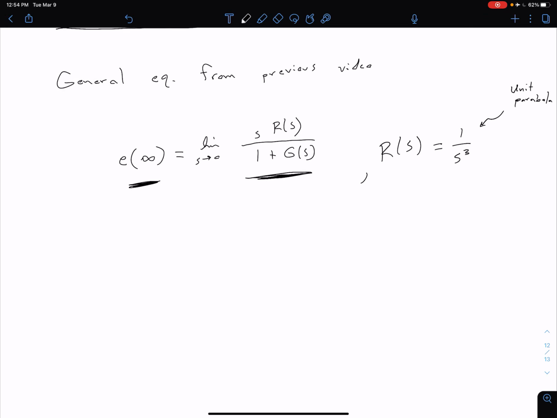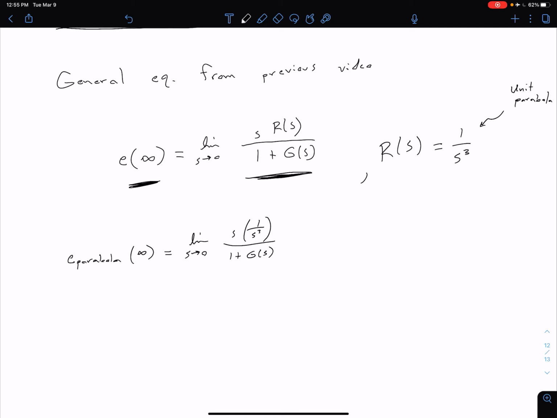So using that general equation and our new R(s), we can now say we have some steady state error for our parabola input. And so that's going to be e_parabola of infinity, which is equal to the limit as s goes to 0 of s, and now our R(s) is 1 over s cubed, divided by 1 plus G(s).